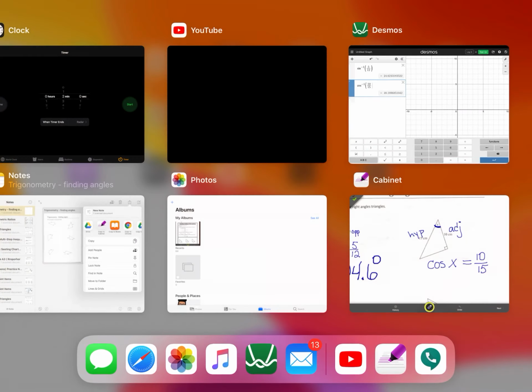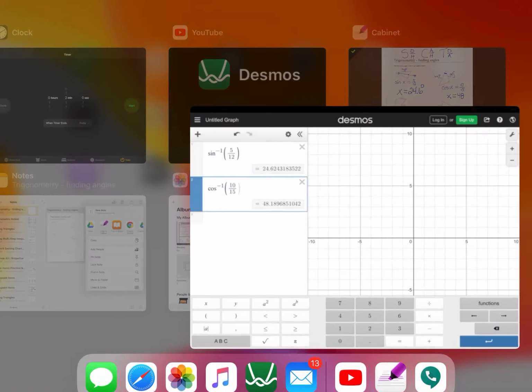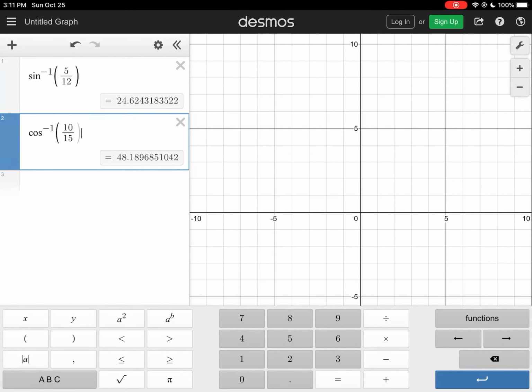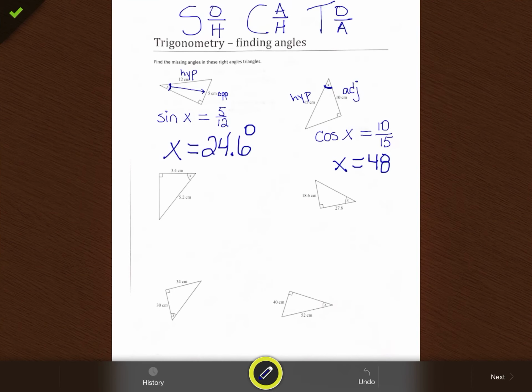So 48.18. Did I say 41? 48.18. Yes, that was correct. So it's going to give us 48.2. And don't forget your degrees, because you did just find an angle measure.